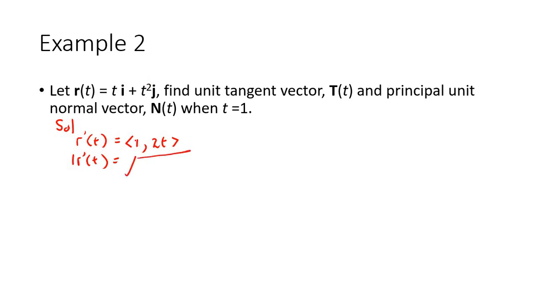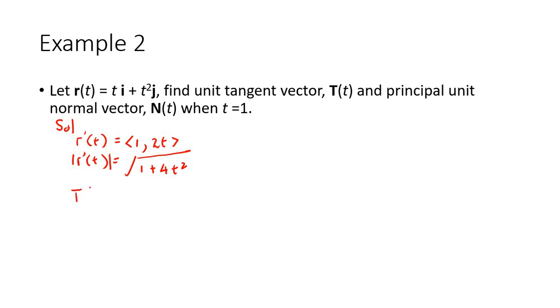So square each component, so we have 1, and then add the square of the component j, so this is 4t squared. So you notice in example 2, your magnitude is not a constant value but a function of t. So later when you find the unit normal vector, you need to use the quotient rule to do the differentiations.